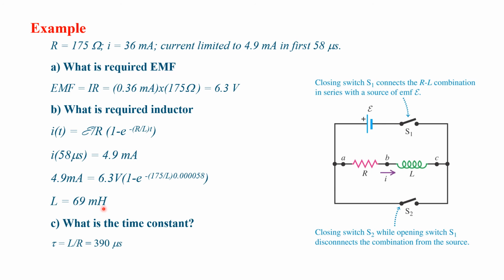Lastly, what is the time constant? Your tau is just equal to your inductance over your resistance. So you have your time constant tau equal to 390 microseconds.